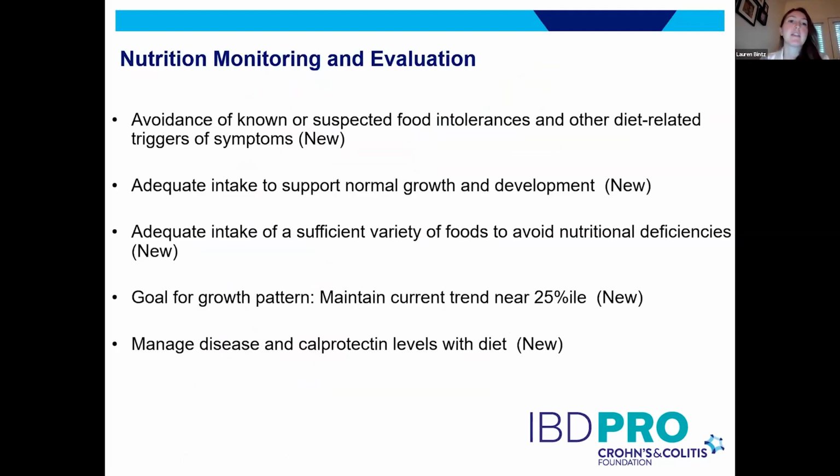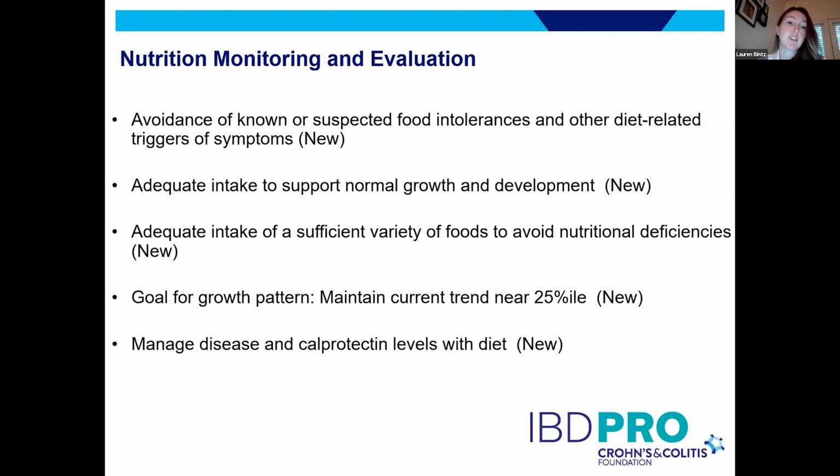And the last part of the assessment is looking at things that I would like to monitor and evaluate for the patient. And so our goals were to avoid any known or suspected food intolerance or diet-related triggers of symptoms. I wanted to make sure he was able to meet his energy and protein needs to support normal growth and development.